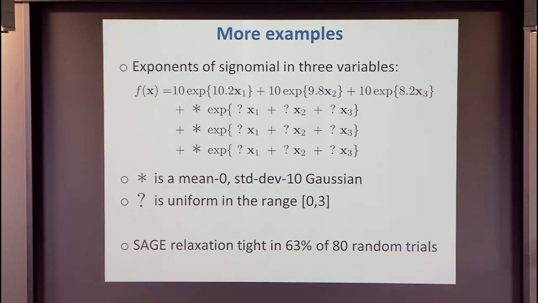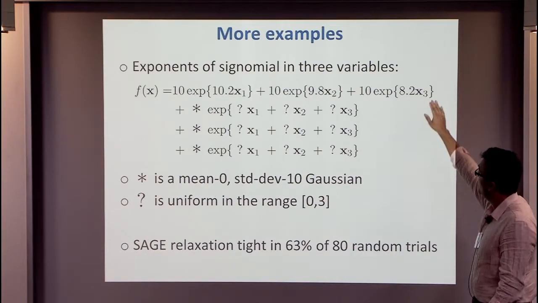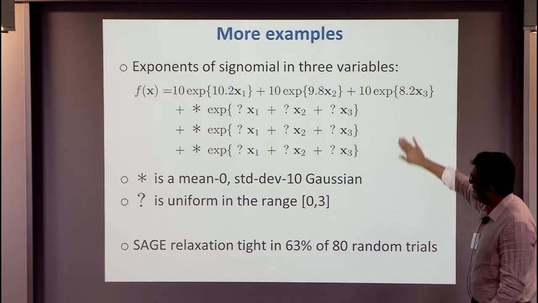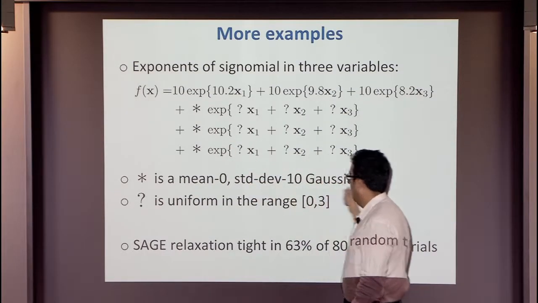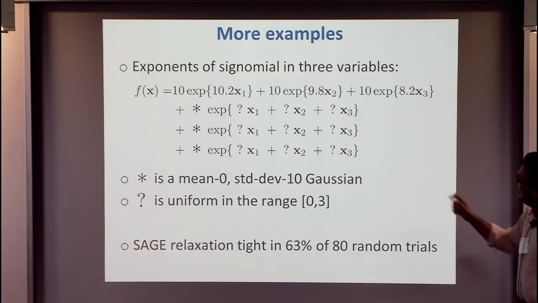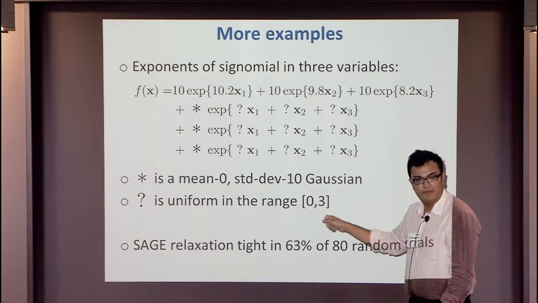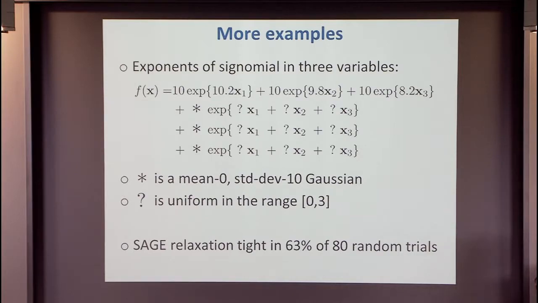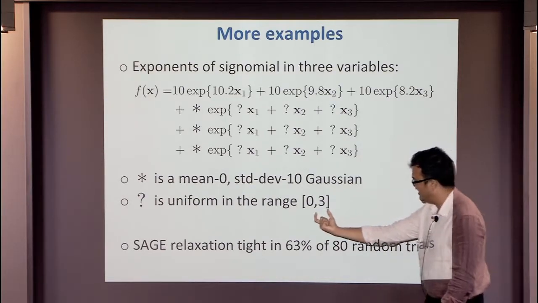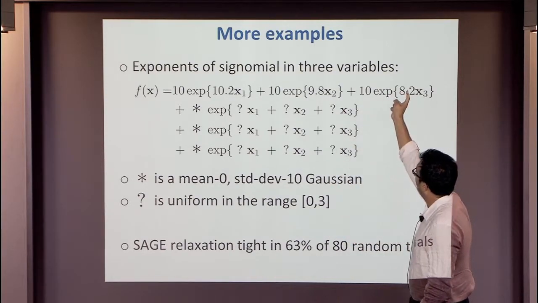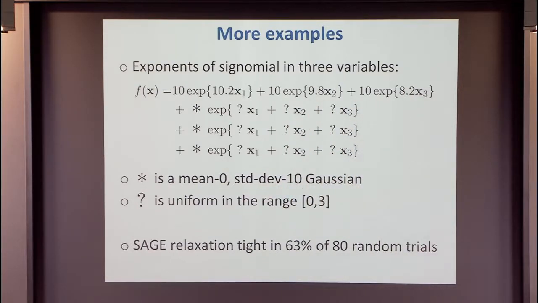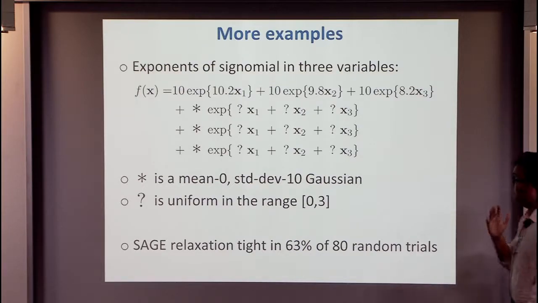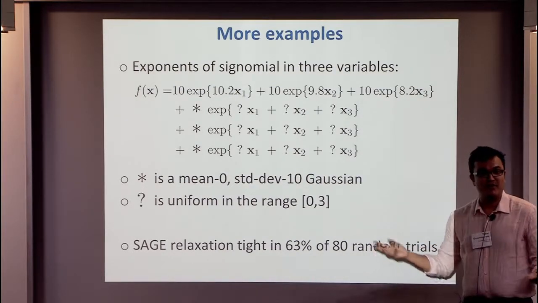So this construction more generally was done as follows. We fixed the first 3 terms. The last 3 terms were chosen in the following way. The coefficients are zero mean Gaussians, and the exponents are uniform in this range. And the reason we chose the exponents to be in this range 0 through 3, and if you look at the first 3 exponents, they're much larger than that range, is to somehow, hopefully, get signomials that are actually bounded below.